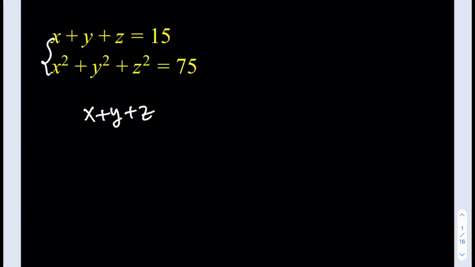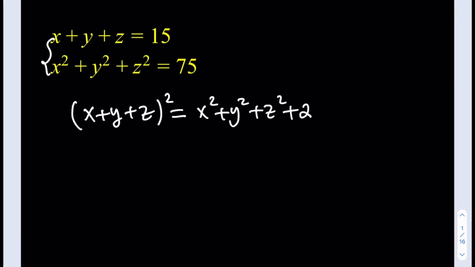Let's go ahead and expand. That's going to give me x squared plus y squared plus z squared plus 2 times the quantity xy plus xz plus yz. Now, what is so good about this? Well, I do know the sum of x, y, z, and then if I can get a product like this, maybe I can just find something from there.